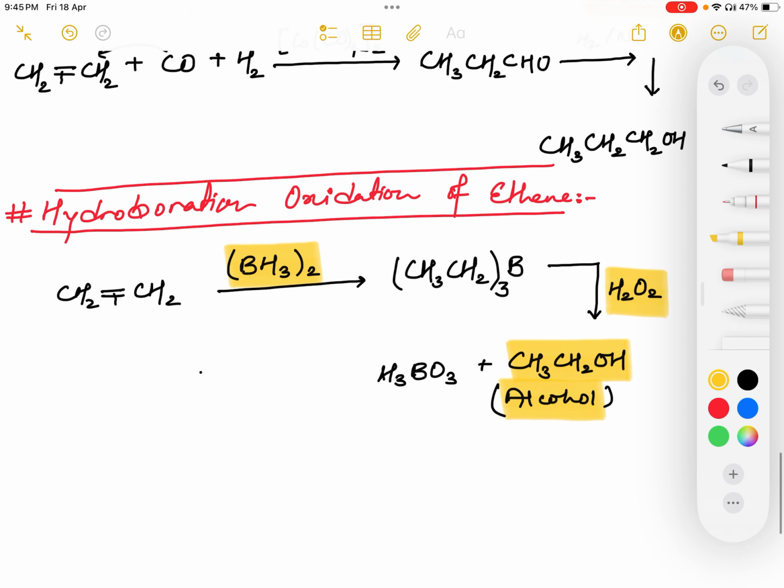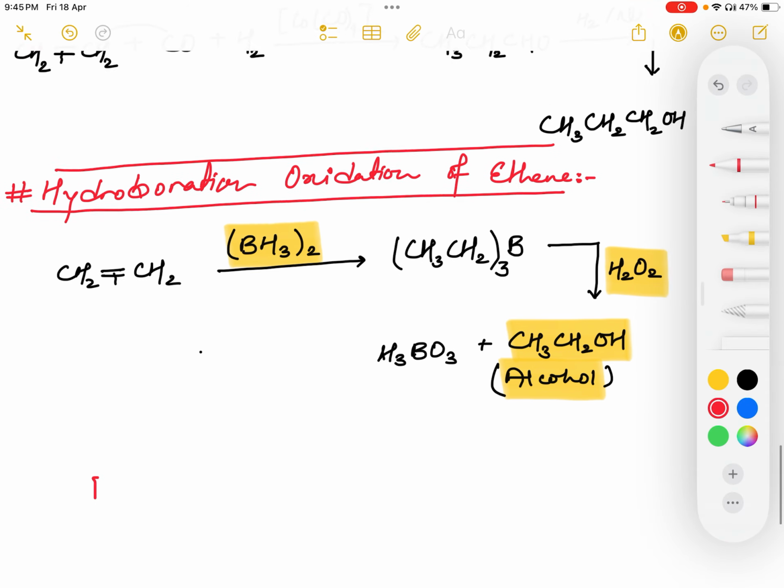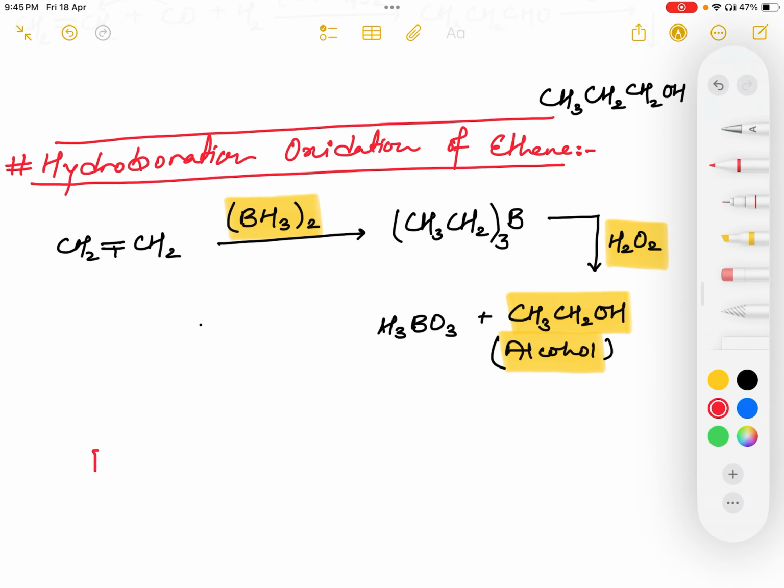One thing that I can explain right here is where students generally get confused, and you can have an easy technique for that. If I have a compound like CH3, CH2, CH double bond CH2, which is also an alkene, and I need to treat it with (BH3) whole 2, that is diborane, in the presence of H2O2.